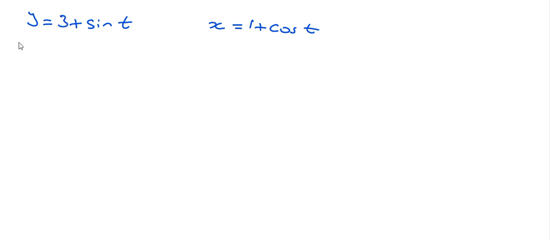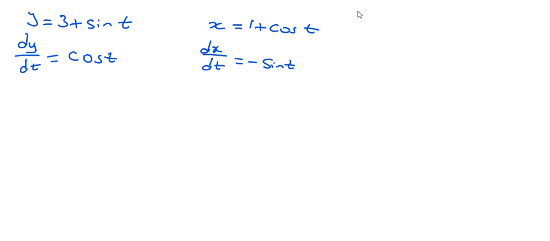So we're going to say dy over dt equals, remember this is sine, so it's going to be cos t. Remember this is a constant, which is going to be 0. So we're going to say dx over dt is going to be negative sine t.